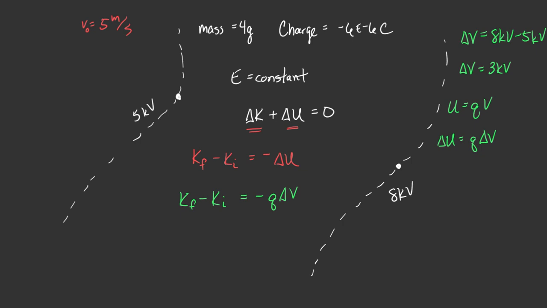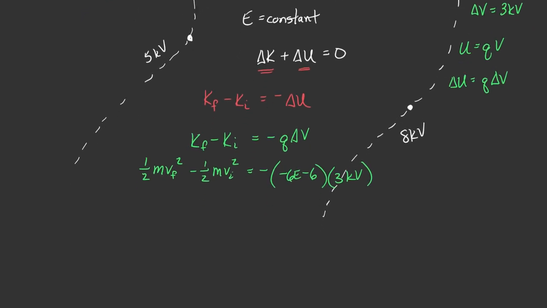So let's pull all the pieces together. 1/2 m v final squared minus 1/2 m v initial squared equals negative times negative 6e to the negative 6 times 3 kilovolts. I know the mass is 4 grams.